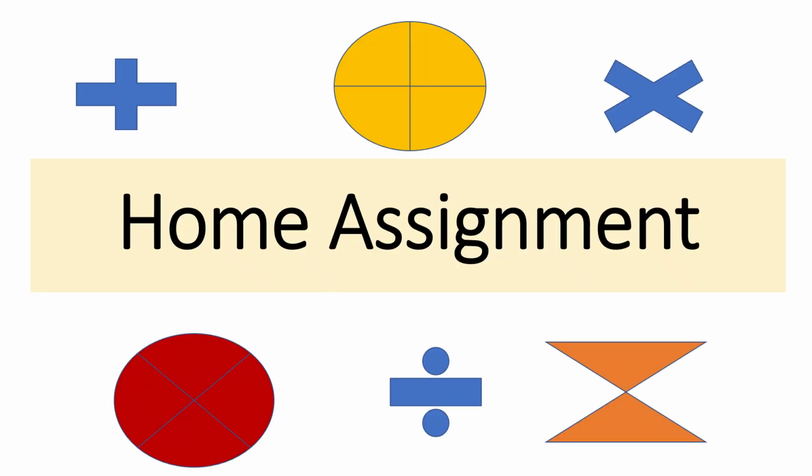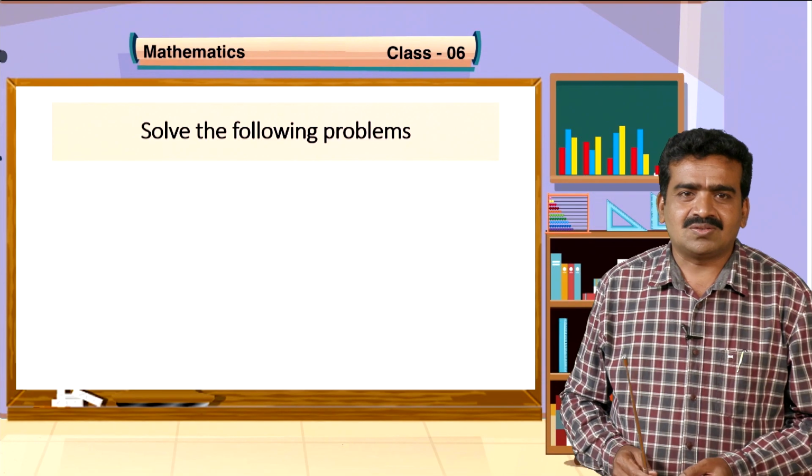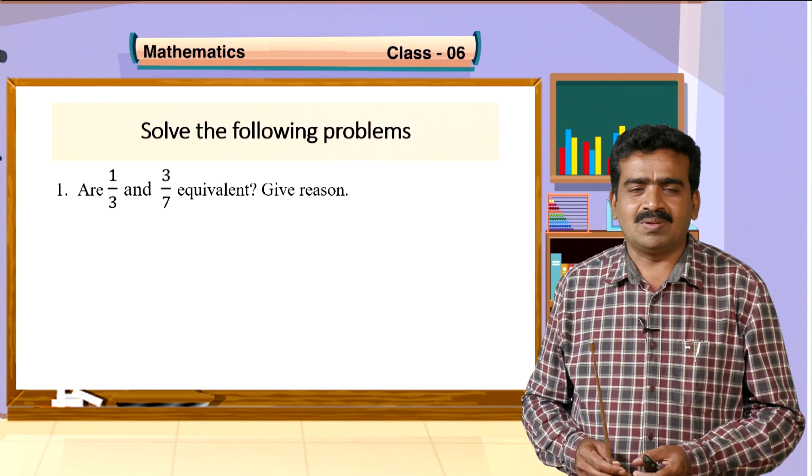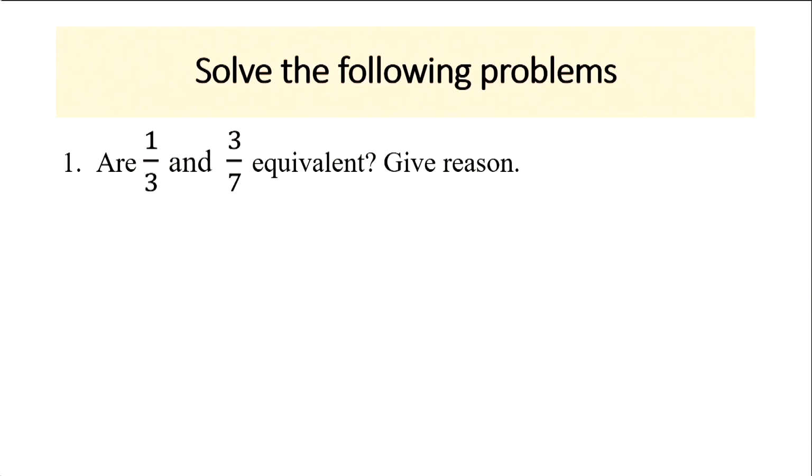My dear student, based on today's concepts regarding fractions, I am giving you questions as a home assignment. Please write the answers and show them to your teacher. Solve the following problems. The question is: are 1 by 3 and 3 by 7 equivalent?